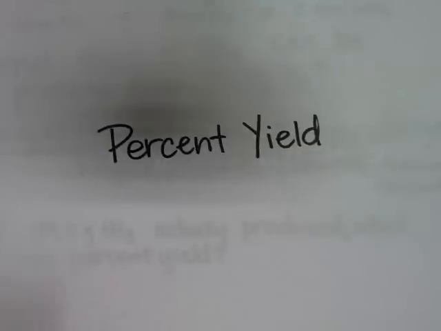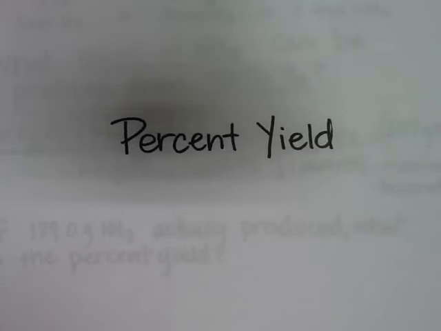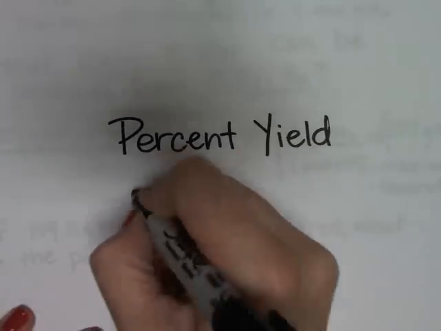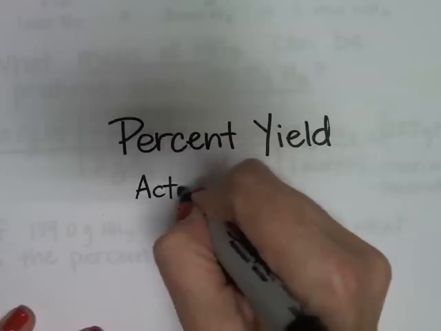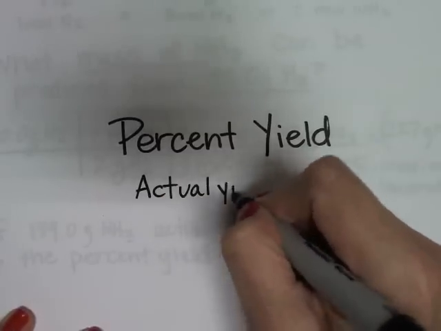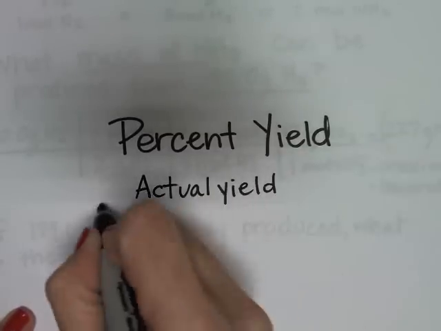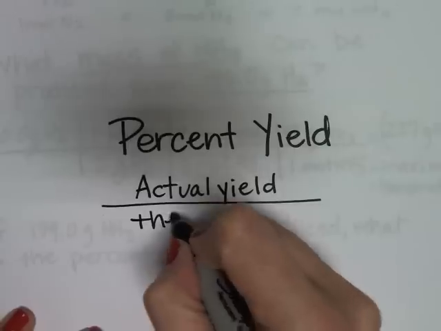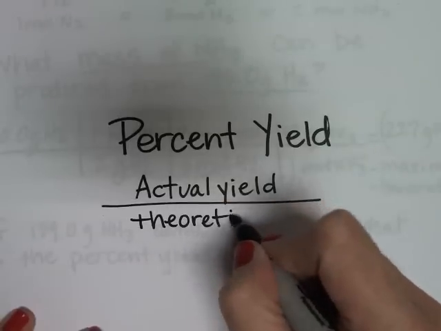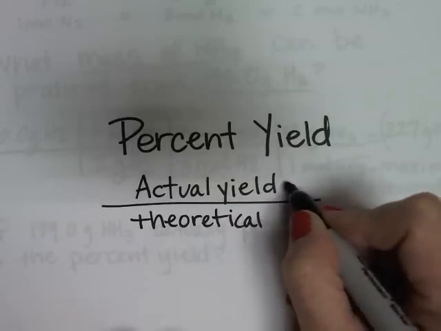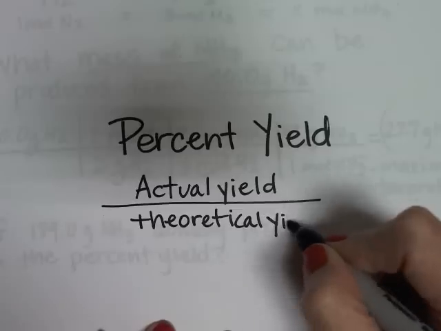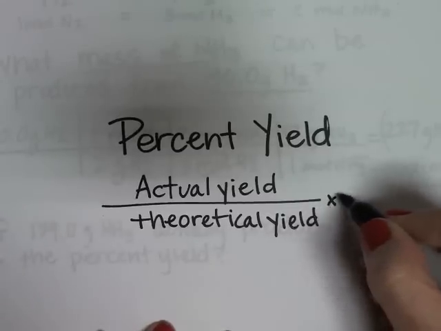So we like to express how effective a chemical reaction is by finding something called percent yield. And it's always found this way. The actual yield divided by the theoretical yield. So it's really a part, the part that you actually make, over the whole. What did you expect to make?